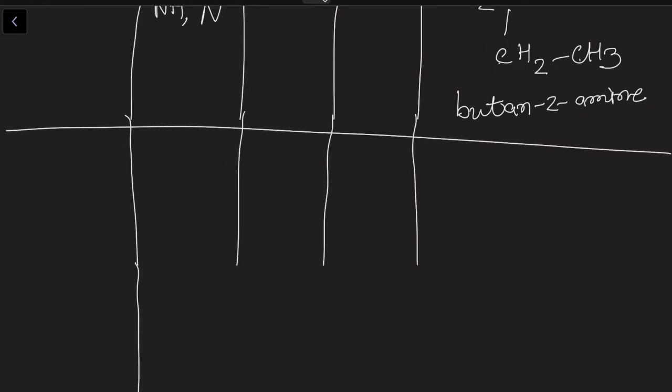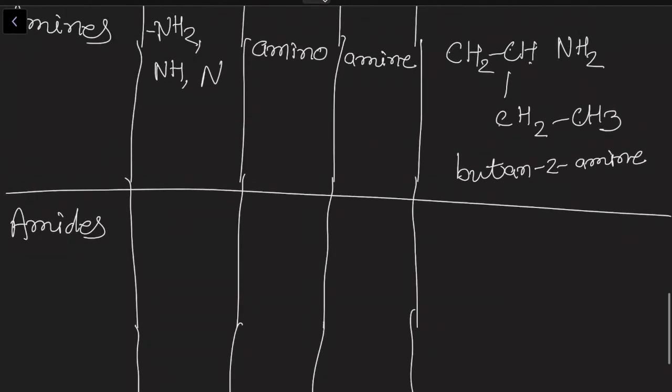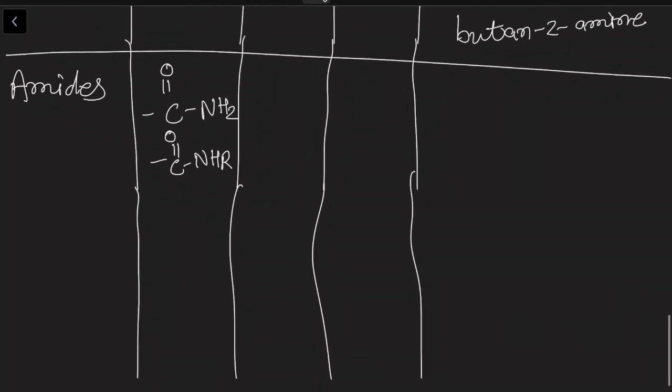There are two more that I think you should know about. They are not used very much, but sometimes you can come across them. It's good to know. It is amides. Now the difference between amines and amides is that a C double bond O is attached, and then it has NH2, or it can have C double bond O NH R. R means another longer chain attached to the nitrogen.